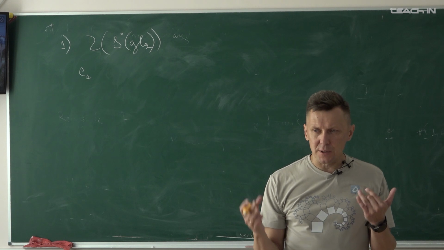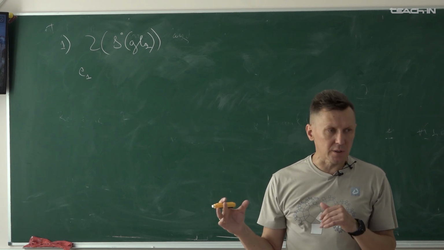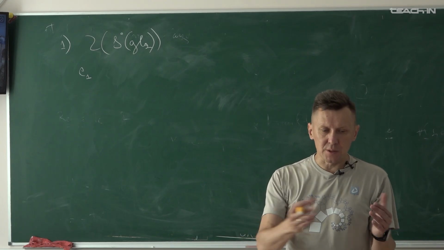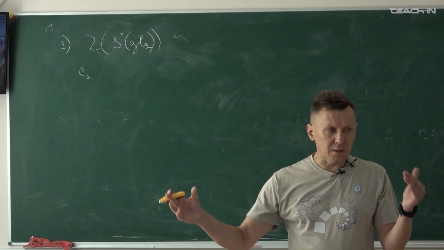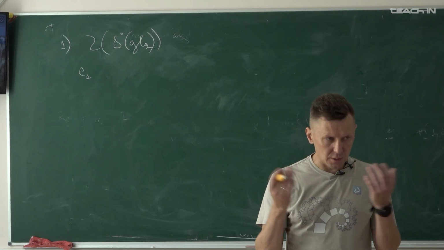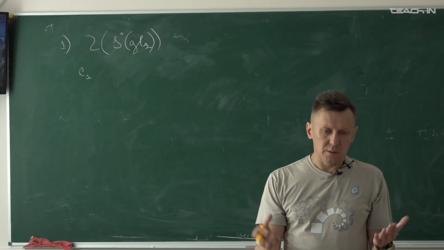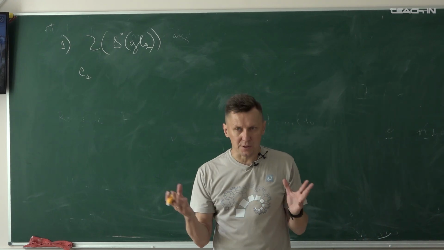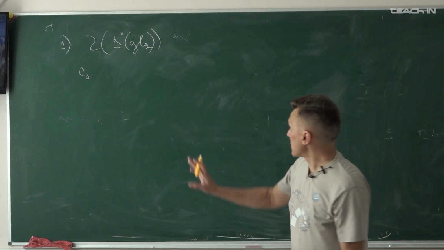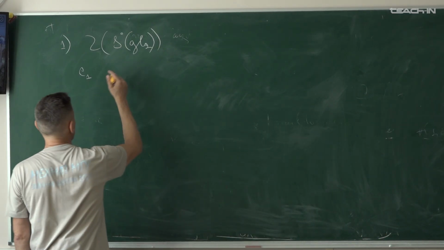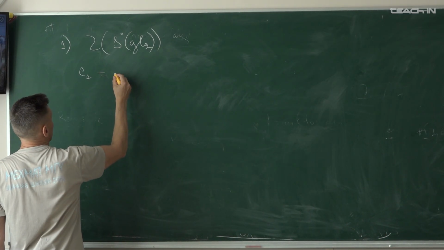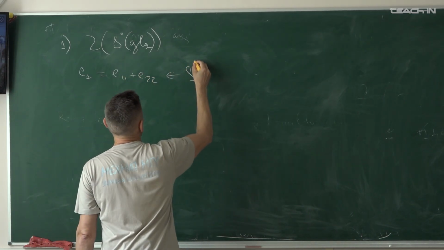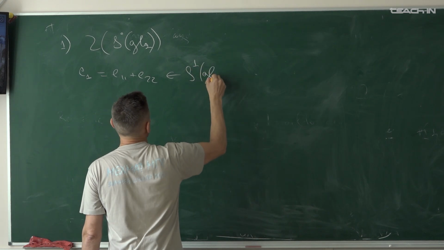So we can separately treat the homogeneous parts of the central elements. If we have some central element, its homogeneous parts are also central elements. This was the statement, and this simplifies the task of searching all central elements. We consider the central element of the first degree, E11 plus E22. It is in S1 of GL2.